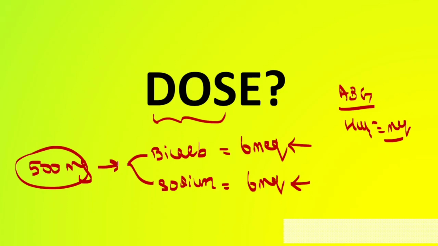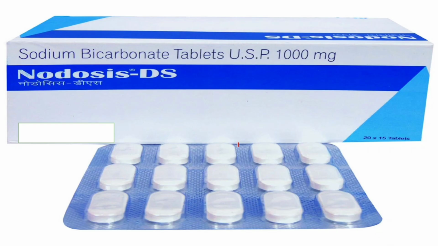So a 500 milligram soda bicarb tablet contains 6 milliequivalent of bicarbonate. If we give 500 milligram TDS, morning, afternoon, and night, the patient will receive 6 milliequivalent in the morning, 6 in the afternoon, 6 at night, a total of 18 milliequivalent per day.